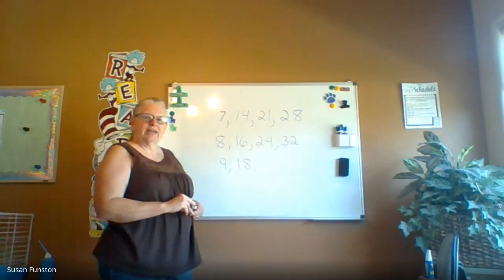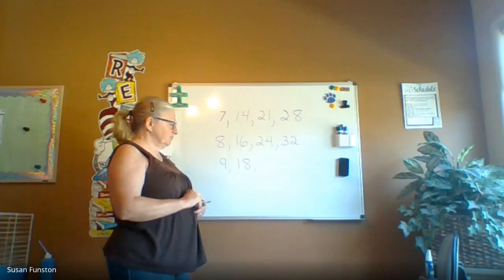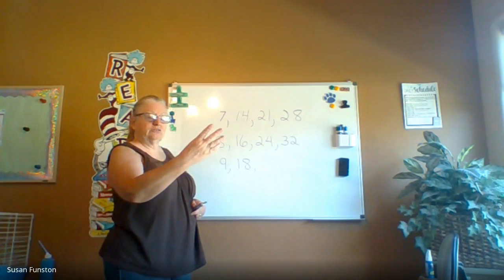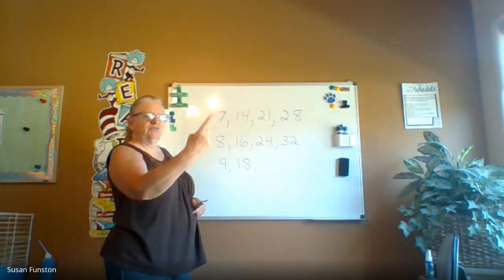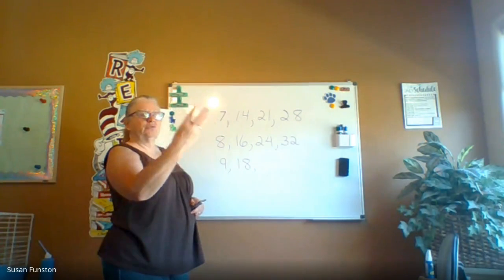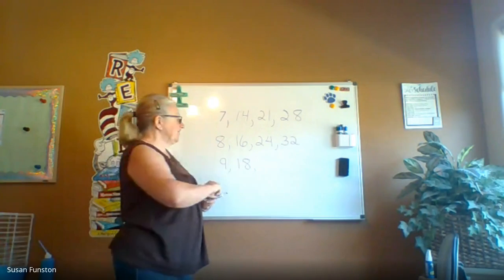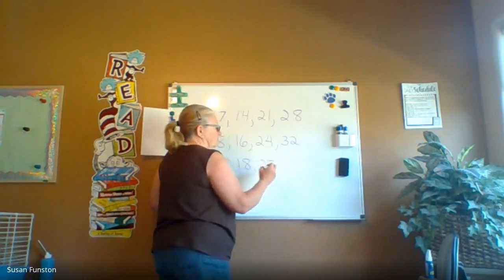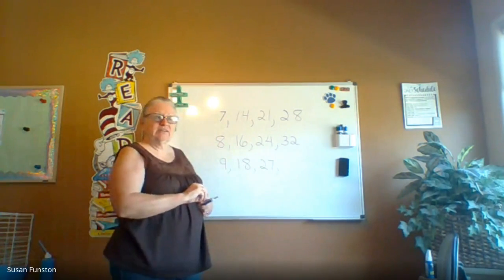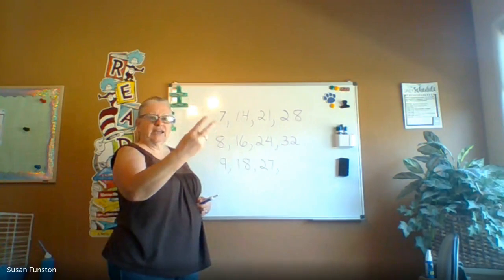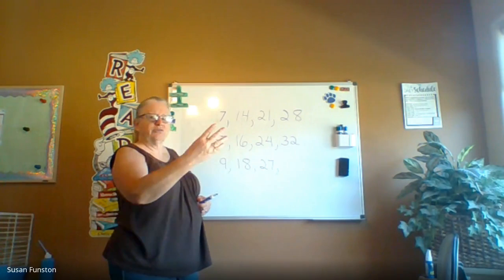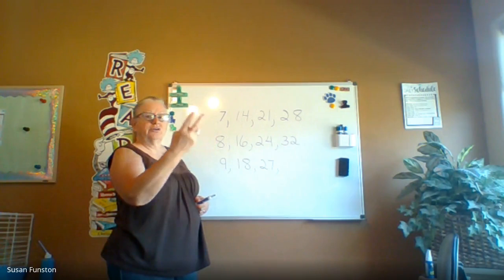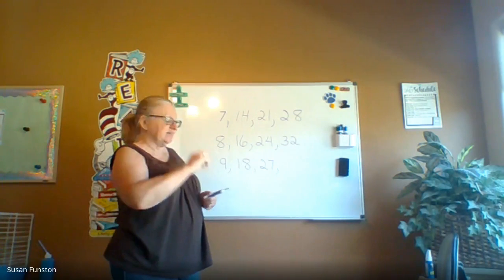Okay, let's go ahead and add 9 more. Starting at 18, 19, 20, 21, 22, 23, 24, 25, 26, 27. And what's 9 more than 27? 28, 29, 30, 31, 32, 33, 34, 35, 36.